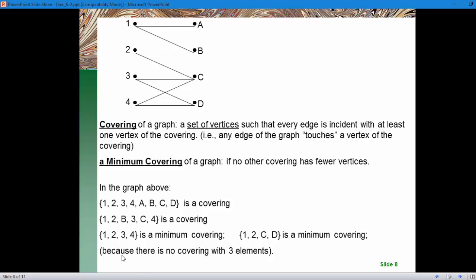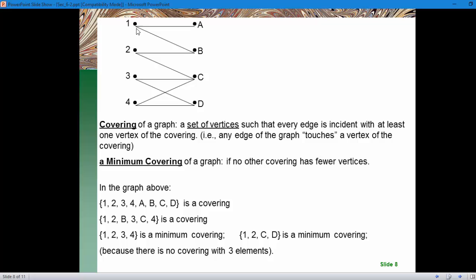And why is it a minimum covering? Because there is no covering with 3 elements. At this point, the only thing we can do is trial and error, and then do some analysis to see that there's no other covering that will have 3 elements. In fact, this is not very difficult.